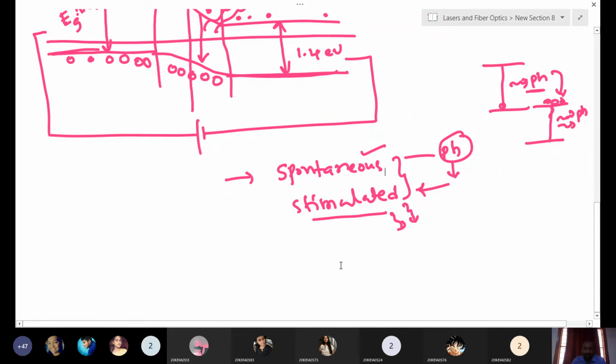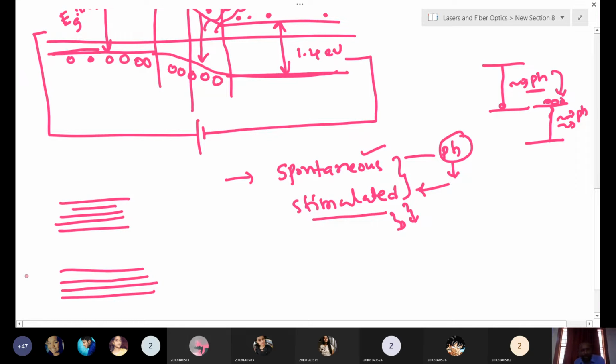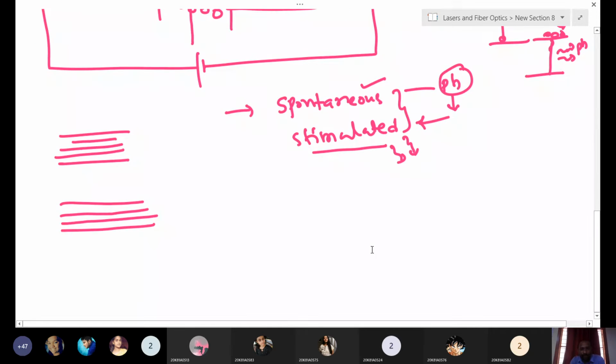Okay, see here very carefully. When I explained the second unit, I said the valence band and the conduction band have a number of states. Here a number of states, here also a number of states, like this, right? Here also, when you discuss the band bending, draw this diagram again like this.